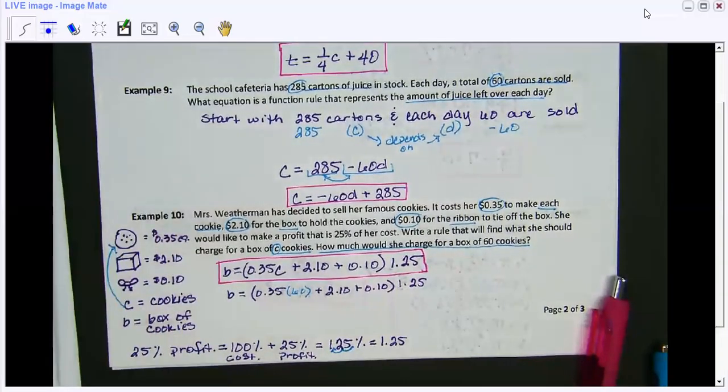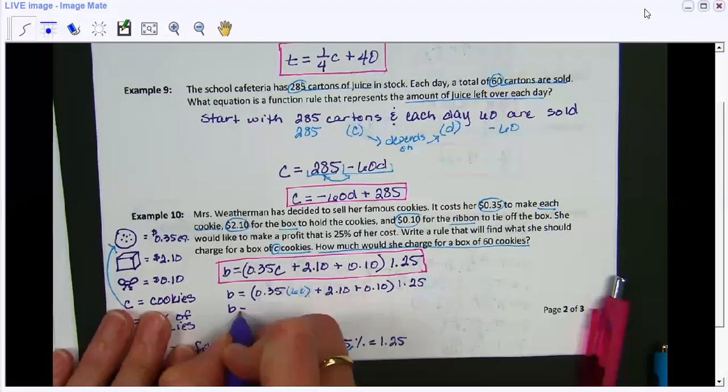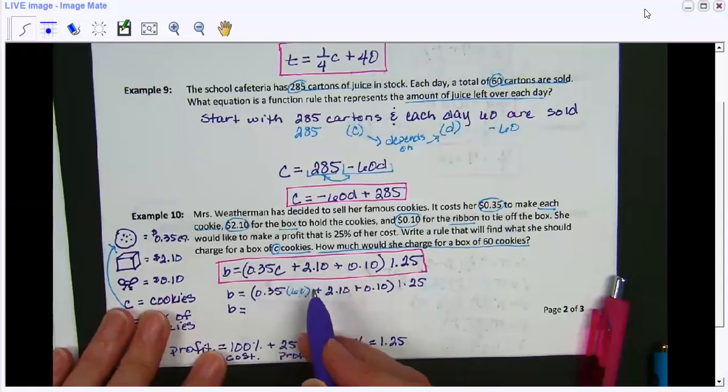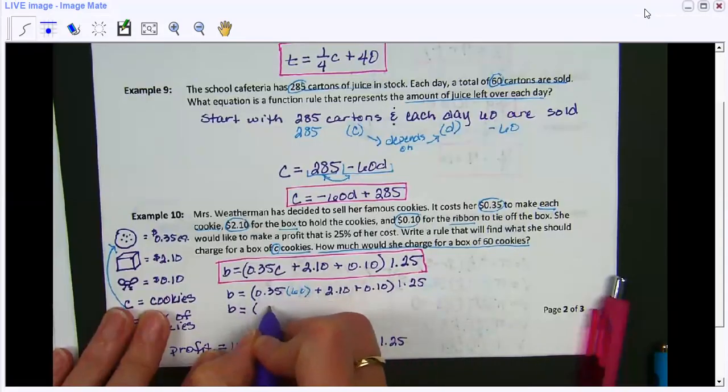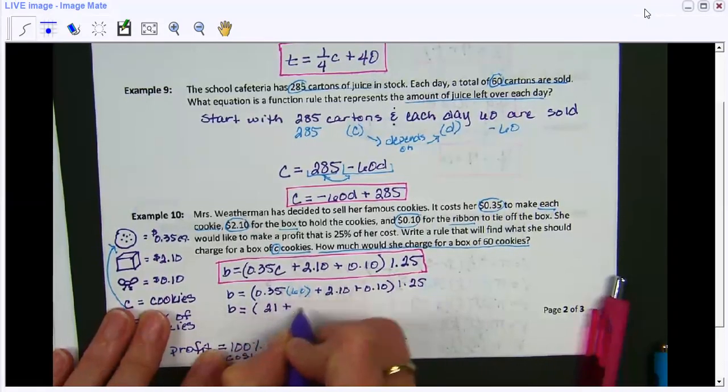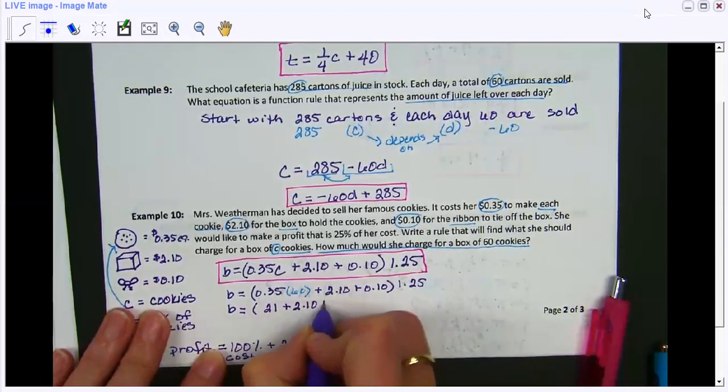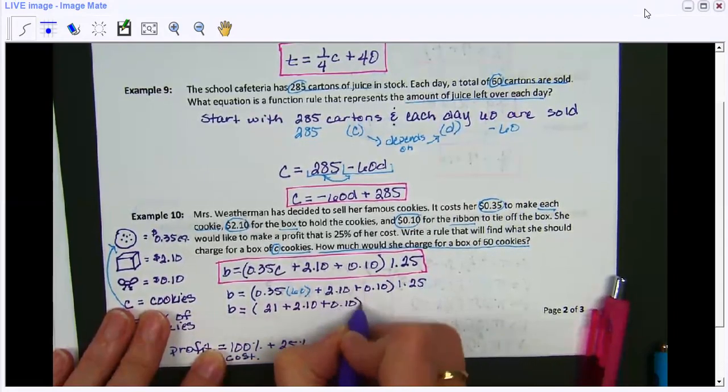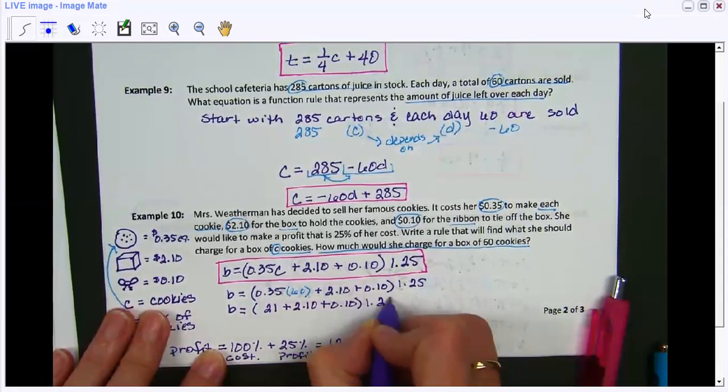Okay. All right, so B equals 35 cents times 60 is $21 plus 2.10 plus 10 cents, times 1.25.